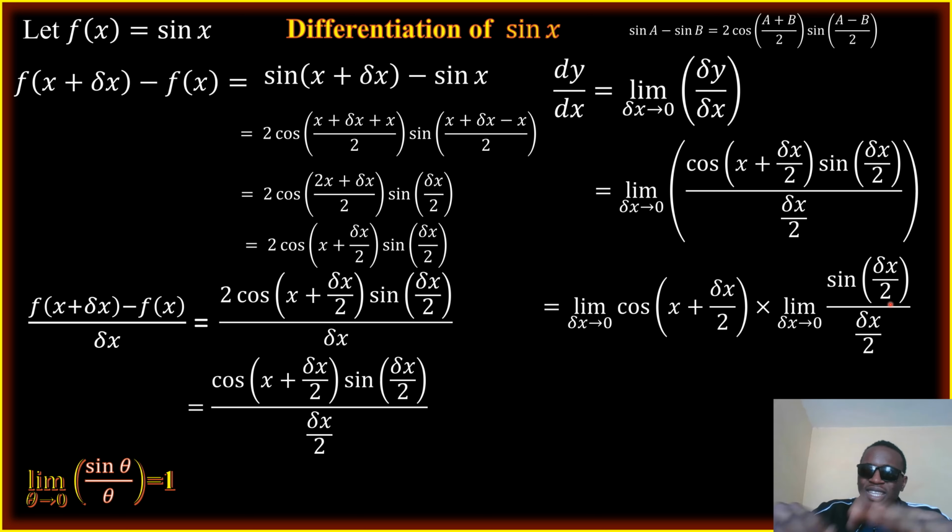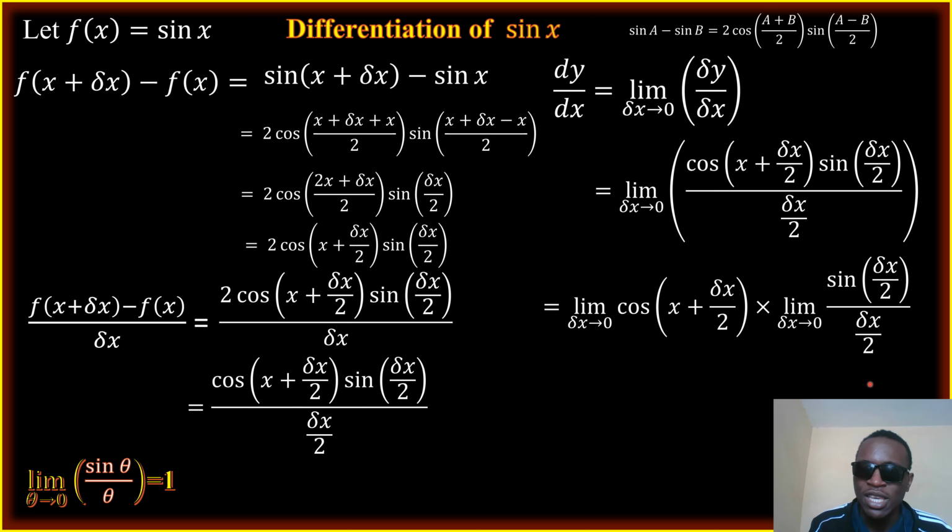So since that overall expression there is smaller, the sine of that expression will be exactly that angle you are seeing there. So from there, you have delta x on 2 divided by delta x on 2, which is exactly the same thing. So it's 1. They'll cancel out each other.